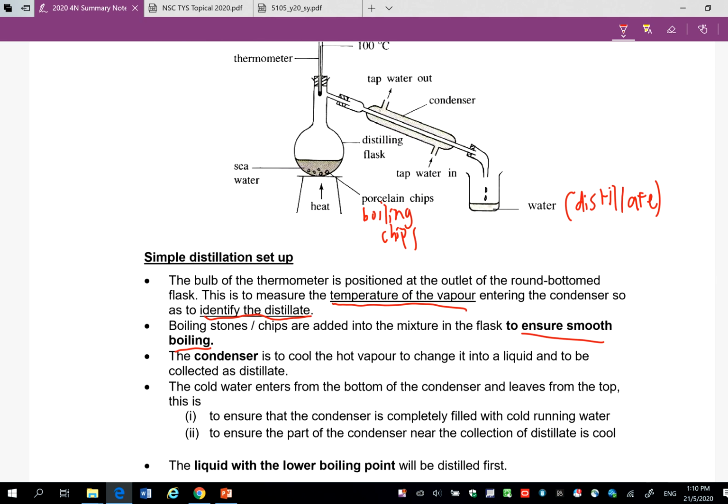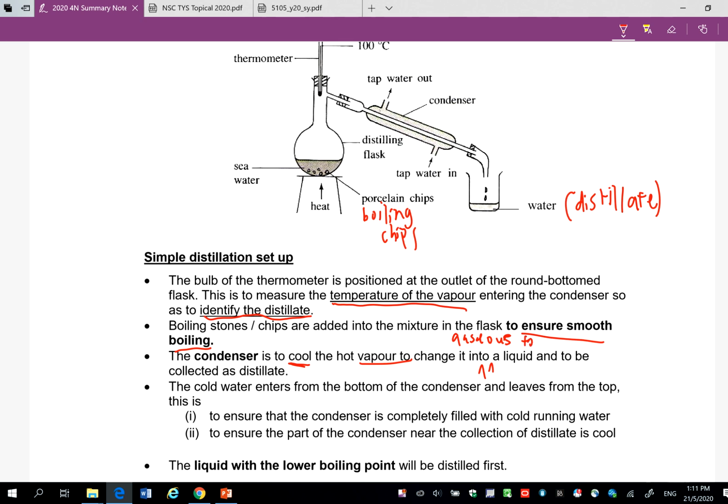Many times students like to use the word condense, but that will not explain the meaning. So write: cool down the vapor from the gaseous state to the liquid state.